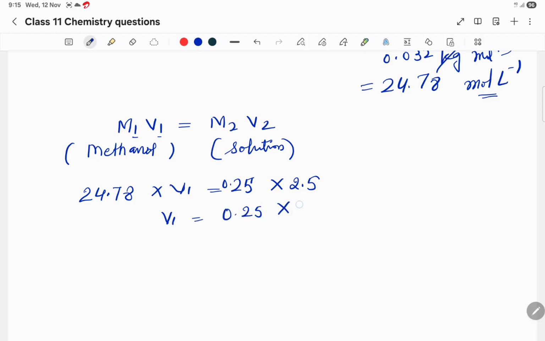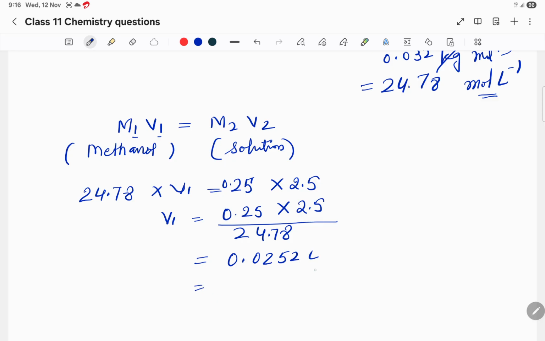0.25 multiplied by 2.5, divided by 24.78. If we calculate it, you can do 25 multiplied by 25, and then you will have one value. As you can see, 24 and 25 are a little bit around each other, so it's going to be 0.0252, and it's going to be in liters.